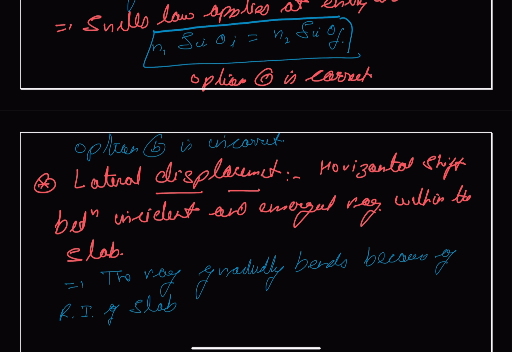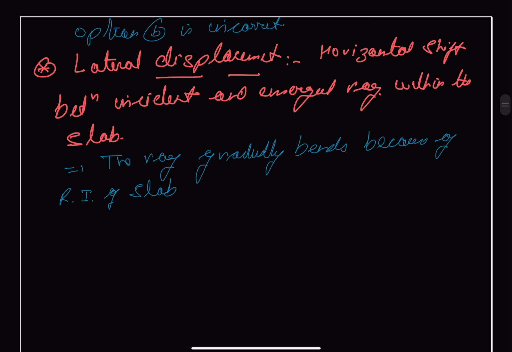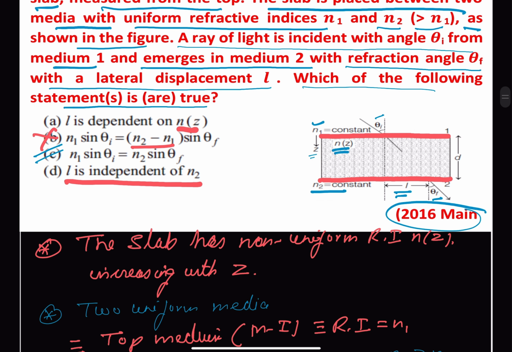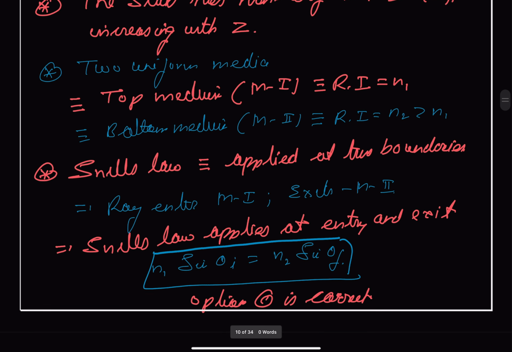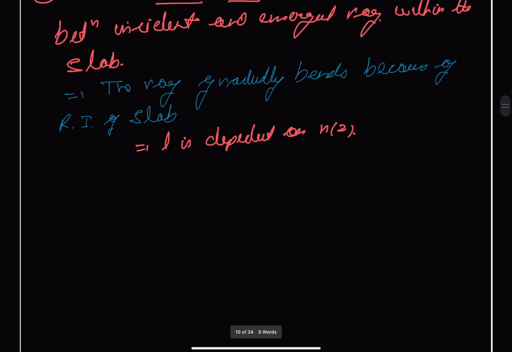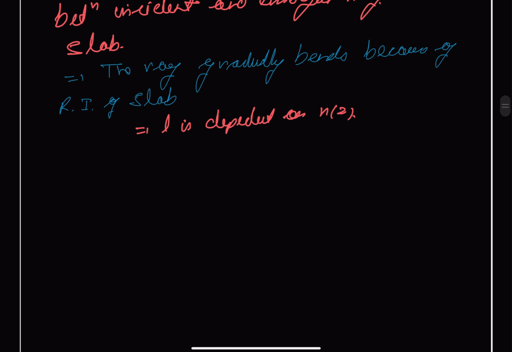And therefore we can write that our L is dependent on our n of z. So from here option number A is correct. So based on this we can conclude that option number D cannot be correct. So we have this option C is the correct, and we have option D is correct.